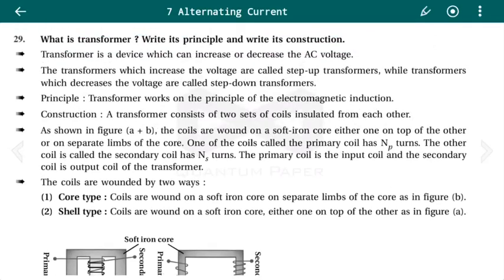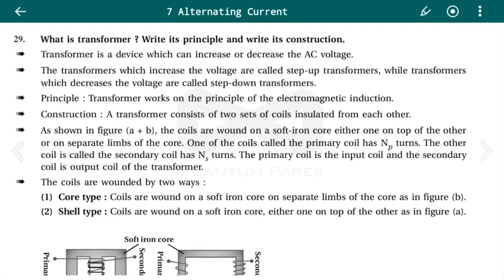transformers. So a transformer is a device that will be transforming something, that will be changing something. Here this is nothing but the voltage, it will be changing the voltage. That means we can consider it as the device that will be giving us the desired voltage.